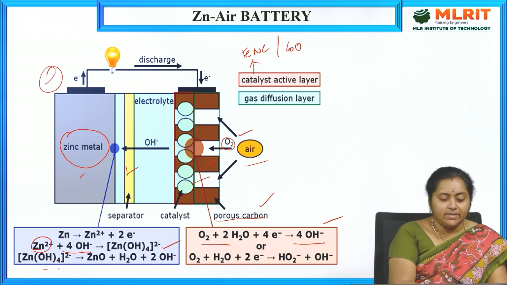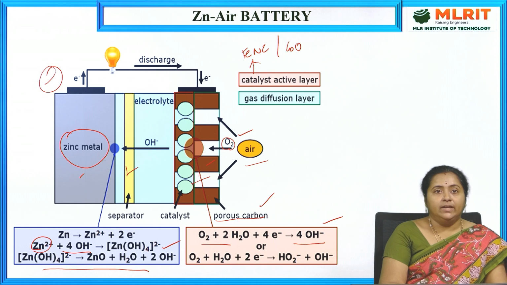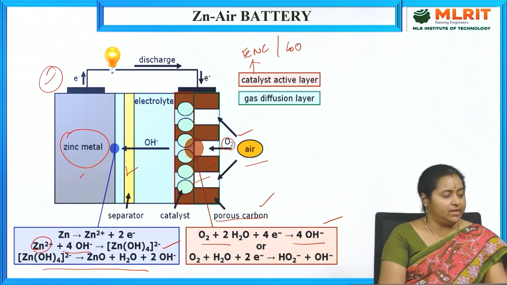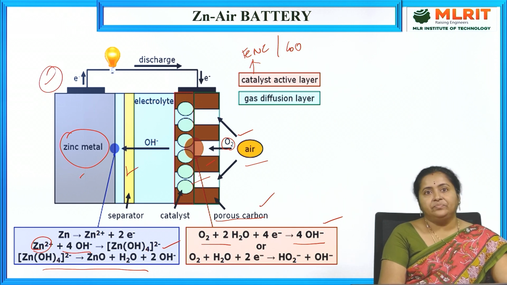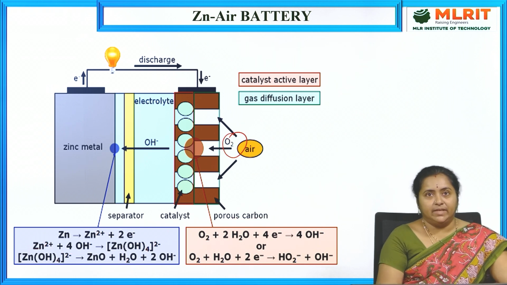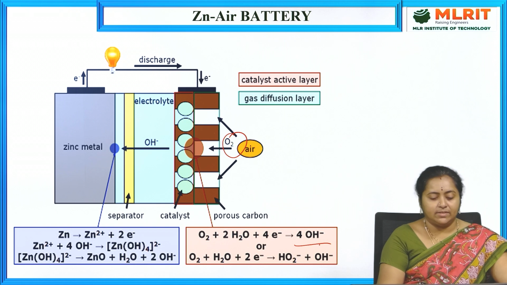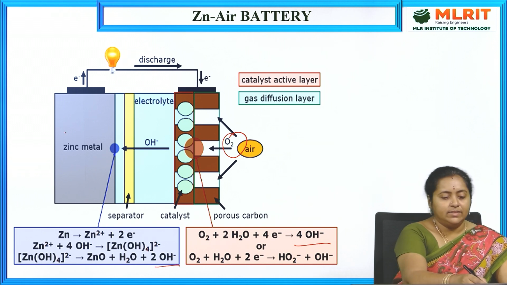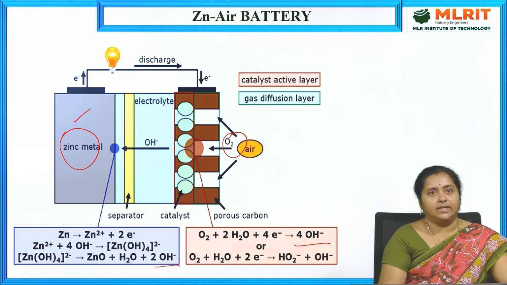These zincate ions decompose, releasing zinc oxide, and OH minus ions are regenerated. So as long as atmospheric oxygen is available, it is able to release OH minus ions, and as long as the zinc metal is not exhausted, the battery is able to generate electrical energy.